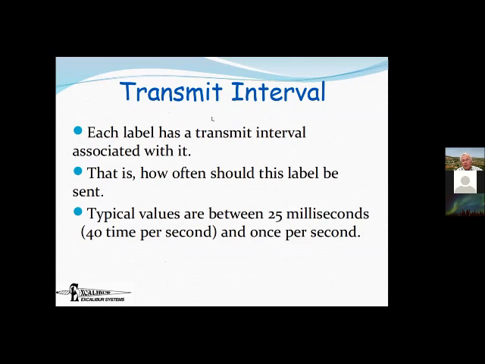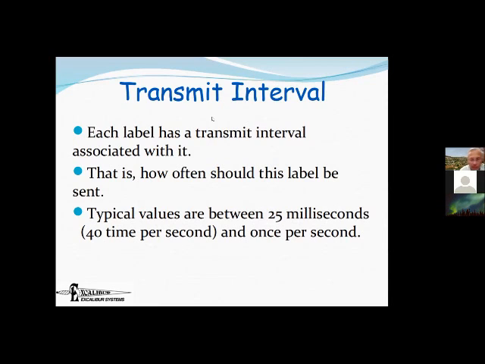That's the transmit interval. Now, typically, in the spec there is a table of all of the labels that are defined in the spec, and for each one of them, it tells you how often you should send it out. It tells it to you in a range. It has to be at least 50 milliseconds and at most 25 milliseconds.